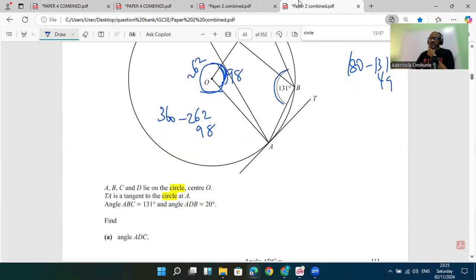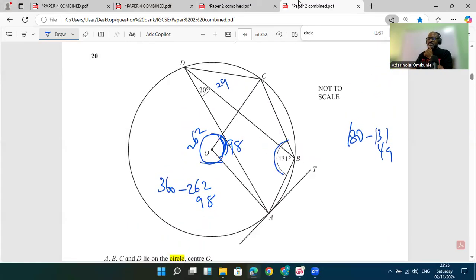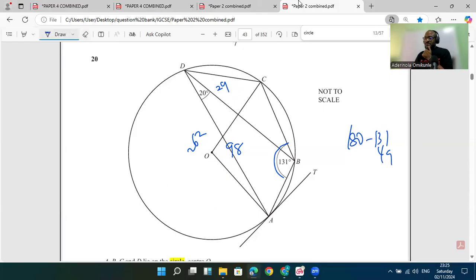Okay, let's just keep it going. The next question is find BAT. BAT, that's this tiny angle here. So how do we get angle BAT?